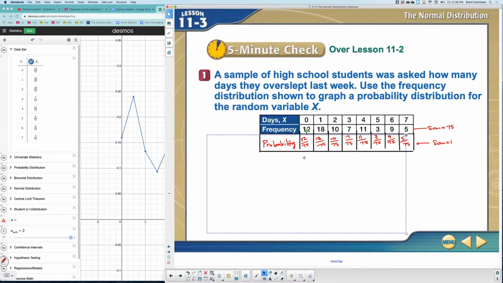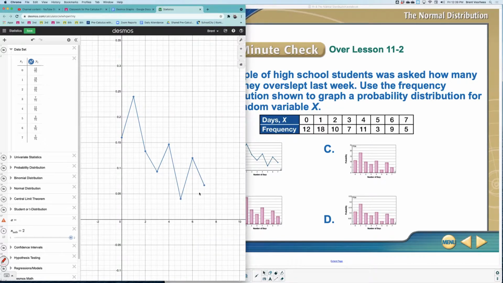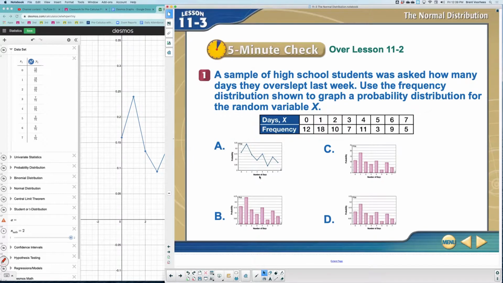So if I were going to use these values and try to come up with the solution, it would be helpful for us to look at the answer choices. So here on this slide, I have the 4 answer choices, and I know this line graph appears really good. But again, these are the number of days, how many days they overslept.